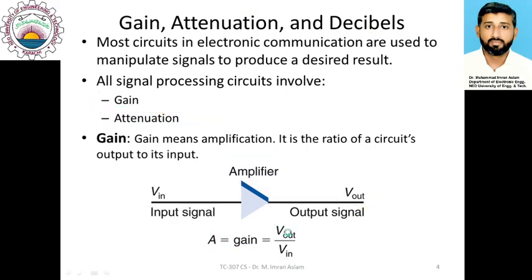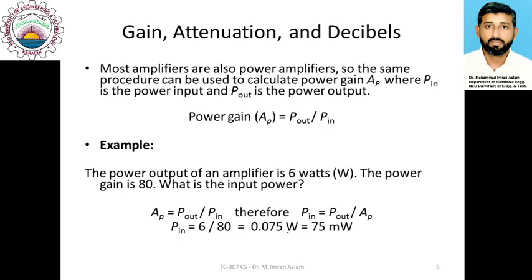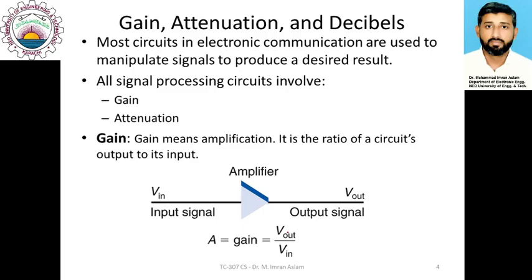However, in most cases we are interested in calculating power gain. Power gain is defined in the same way as for voltage, but the parameter we use to calculate that gain is power, not voltage. So power gain is the ratio of output power to input power.